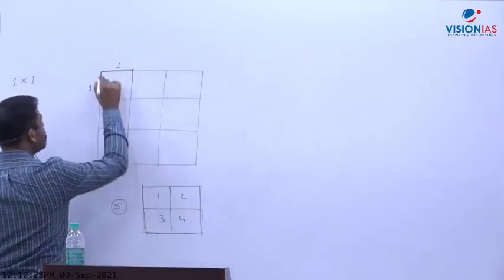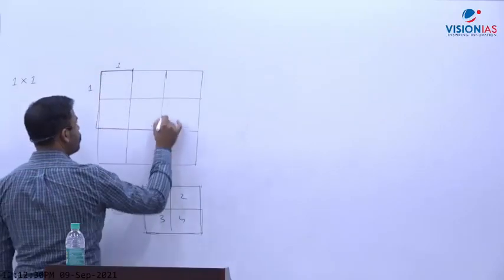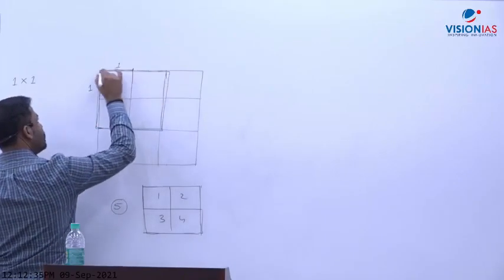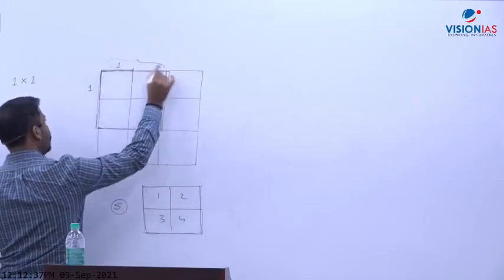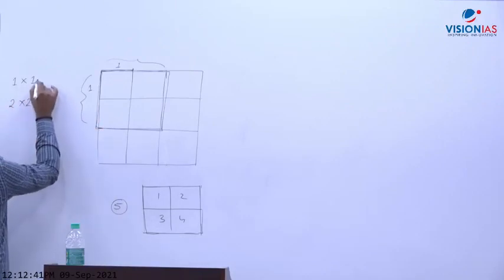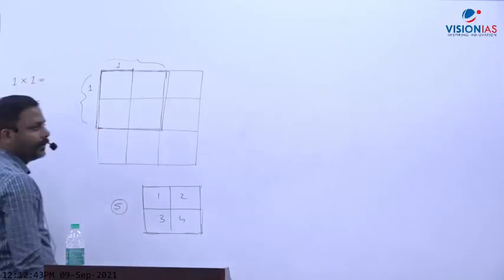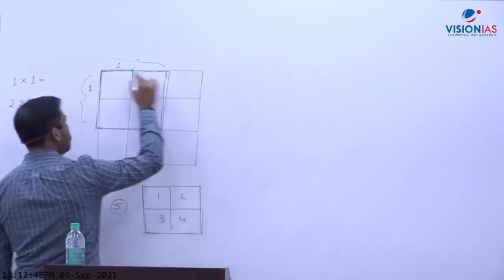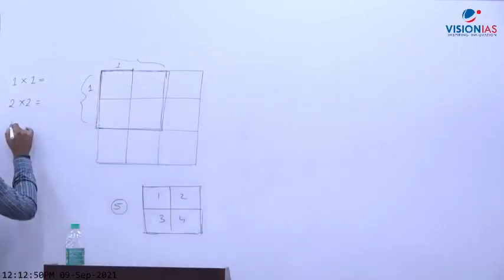Now, is this a square or not? Now, this size will be called 2 by 2. And similarly, the larger one, see this is also a square. So this will be called 3 into 3.